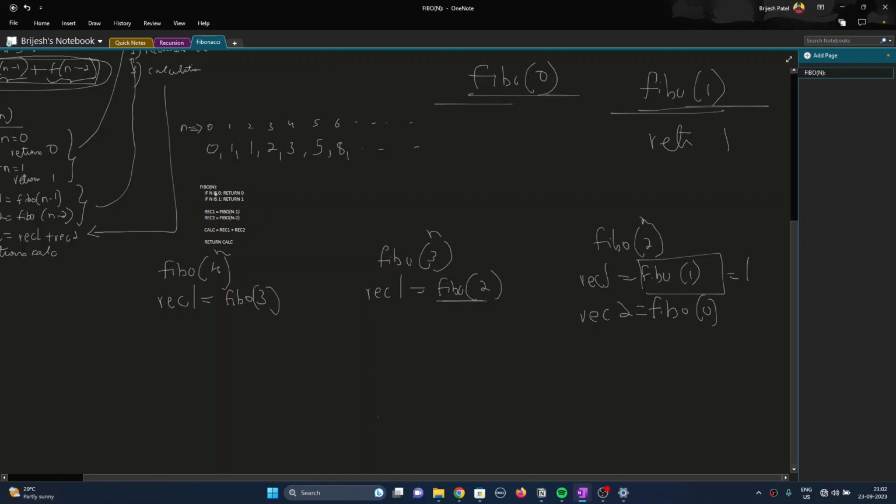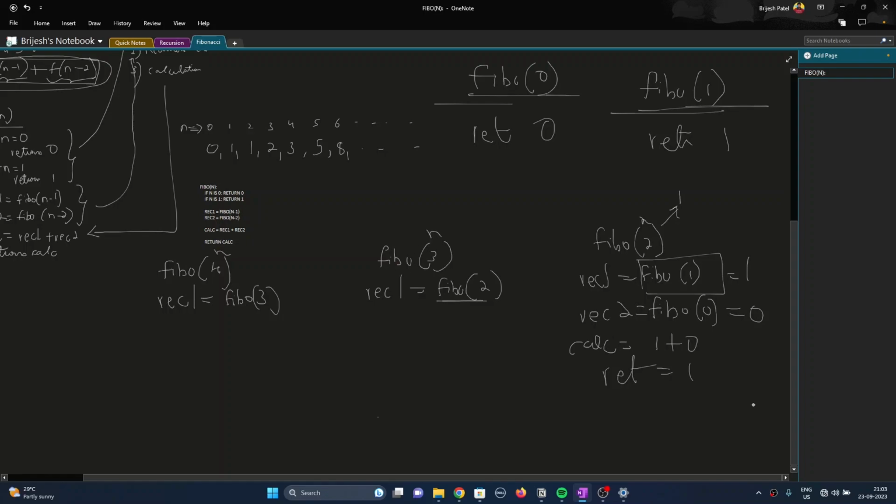We are doing this condition, if n is 0, we are going to return 0. So here we return 0. REC1 becomes 1, REC2 becomes 0. And then we are doing calculation, which is REC1 plus REC2, that is 1 plus 0. And then we are returning 1 here. So this is calculated to 1.